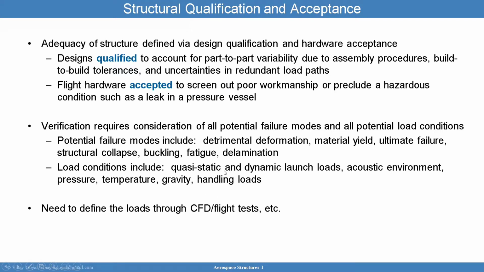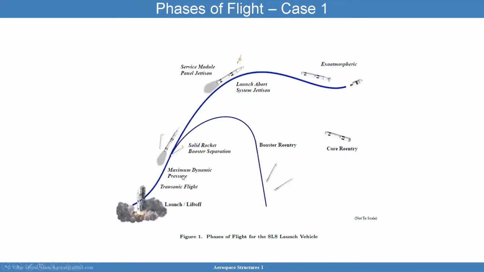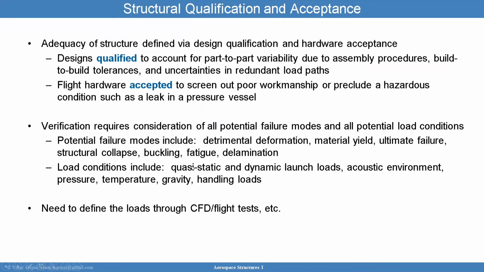So a large number of test load conditions need to be considered. And of course, you can't test everything to perfection. So you want to come up with enveloping test cases that can be helpful during the test program. And again, you can define the loads through computational fluid dynamics and flight test and wind tunnel test as an example.